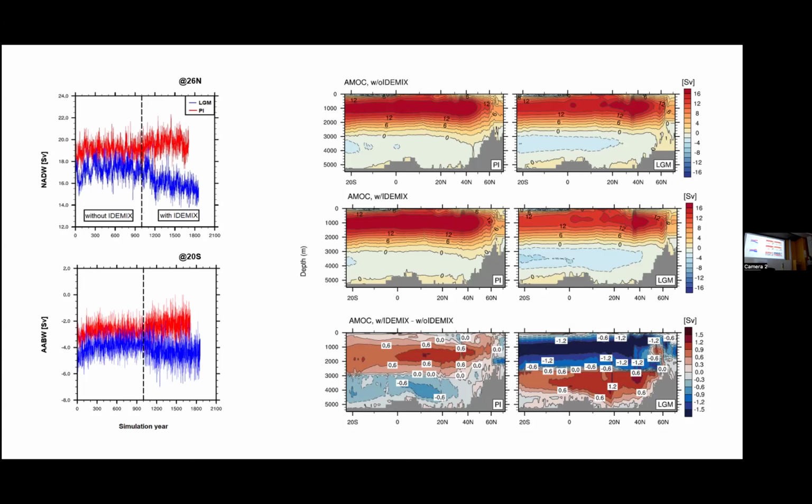So if we provide a stronger input, then you may expect to see a stronger circulation over here. But then why did it decrease for the PI? We may say that when you remove the constant and artificial vertical background diffusivities and just depend on the tidal forcing for the present day, you may also expect to see some decrease.